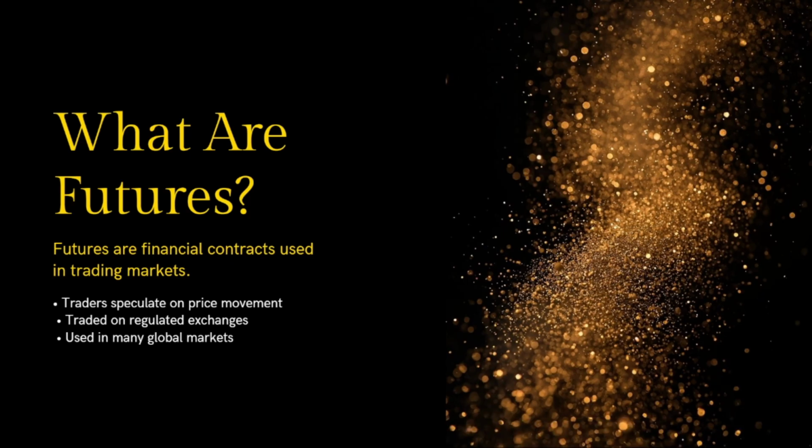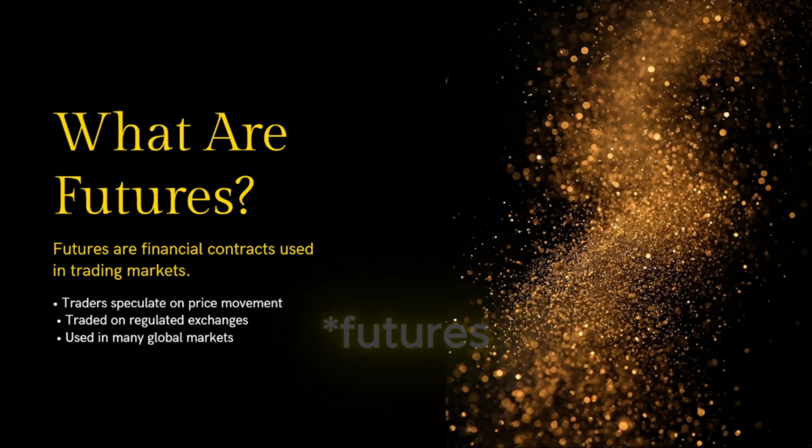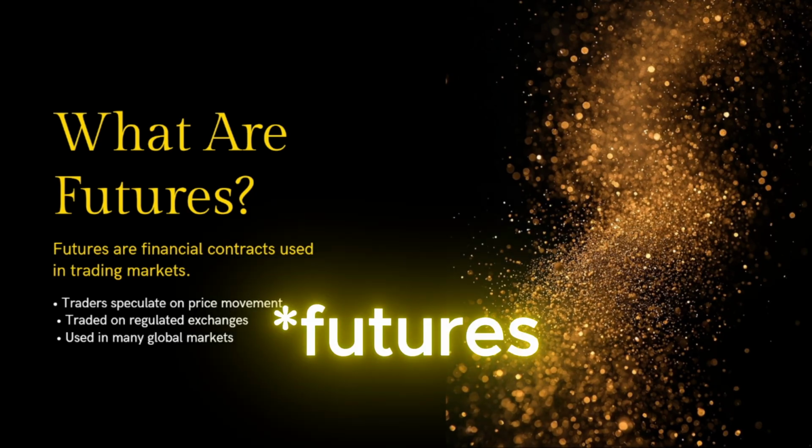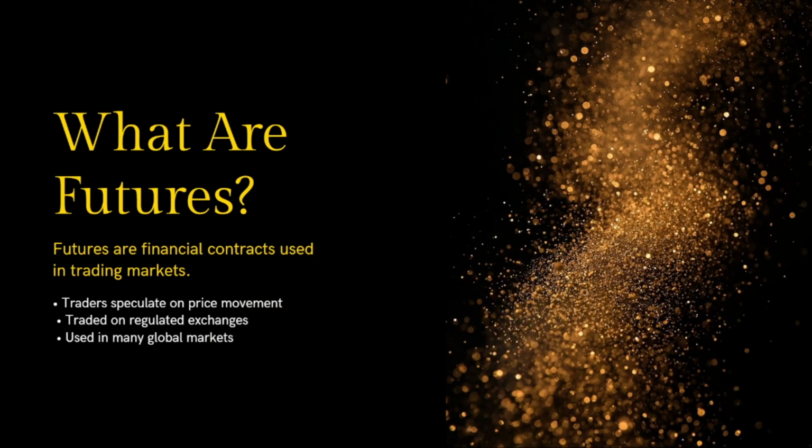All right, so let's start with the basics. What is futures trading? Now, futures trading is the buying and selling of a contract that represents the future price of an asset. Now, that might sound complicated at first, but it's actually pretty simple. So instead of buying something like a stock or gold or physically owning it, you're trading a contract that follows the price of that asset.